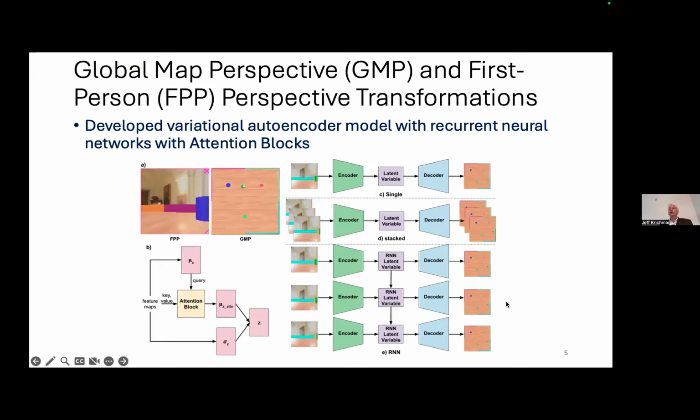Or we have a recurrent neural net where the latent variables are part of a recurrent neural net over so many steps in time. And we redid the experiment, and with Liz and Doug's input, redid the environment to be more suitable for when they do the animal and human experiments, as well as we added an attention block to the model. So then we could actually look at what features were being attended to.